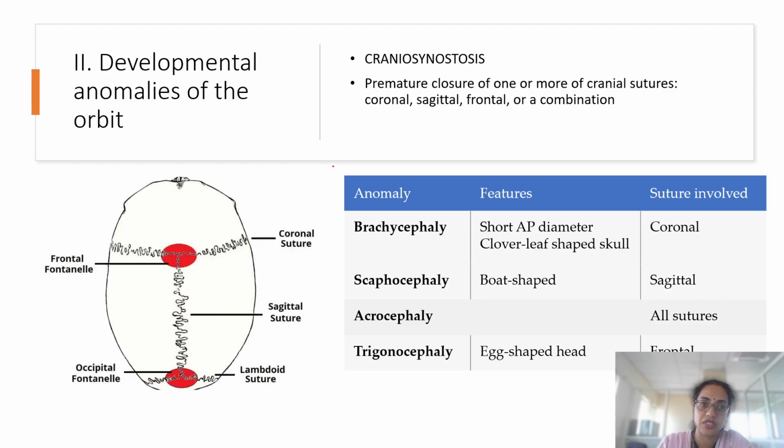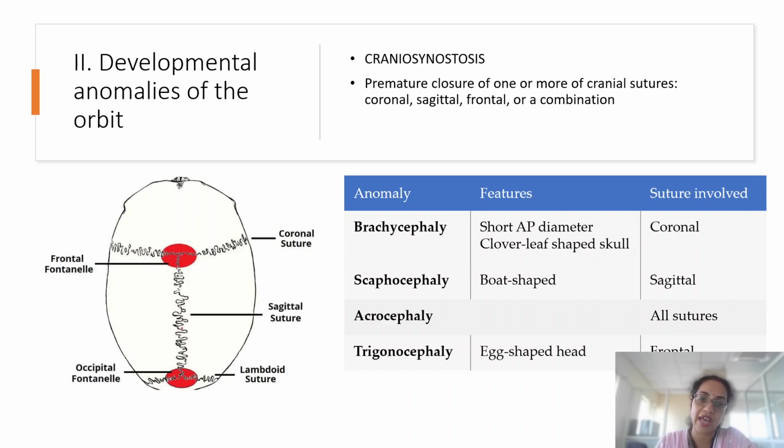Okay. Let's come to developmental anomalies of the orbit. This is closely related to development of the skull because the skull houses the orbits. There are multiple sutures that you need to know. The coronal suture is perpendicular to the anteroposterior axis.